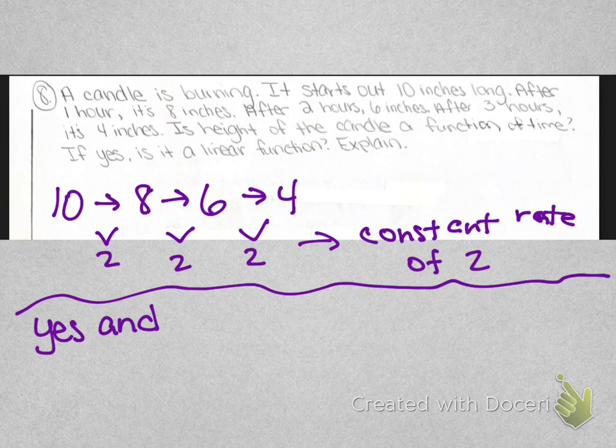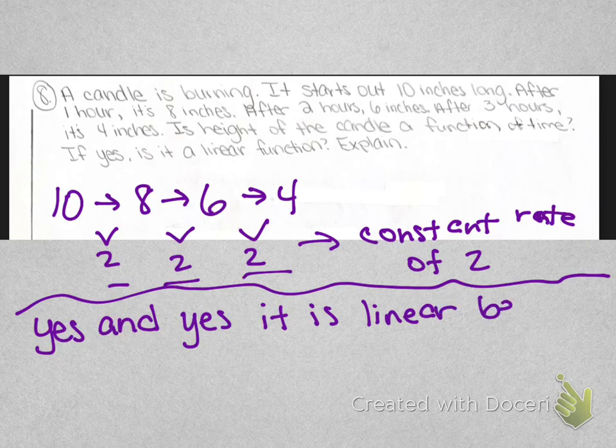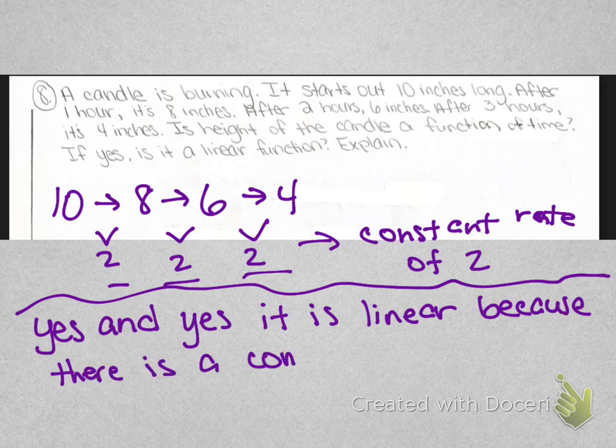That's why I looked at how it was changing before I even finished looking at the problem, because we notice it changes by 2 every single hour. So yes, it's a linear function, because there is a constant rate of change.